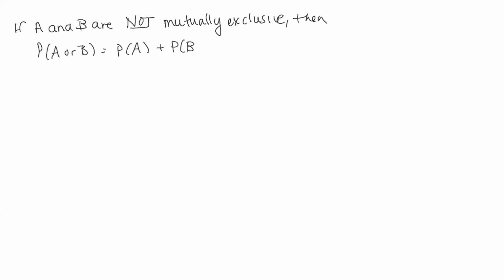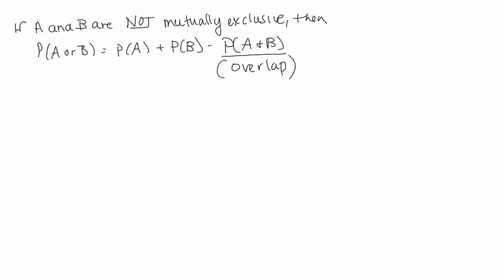So if A and B are not mutually exclusive, then the probability of A or B is the probability of A plus the probability of B minus the probability of A and B. This is your overlap. So basically, you're taking the probability of the two events and adding them. But when things are not mutually exclusive, there's overlap, so we always want to subtract the overlap.